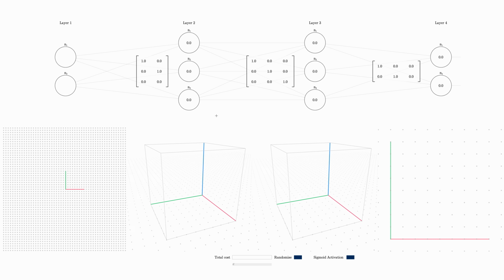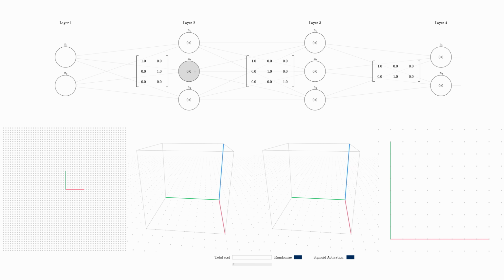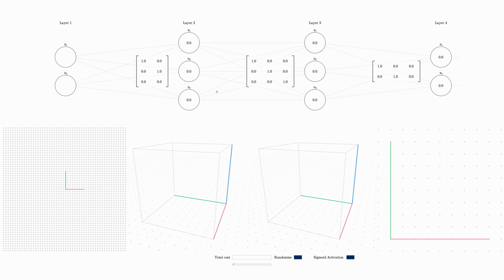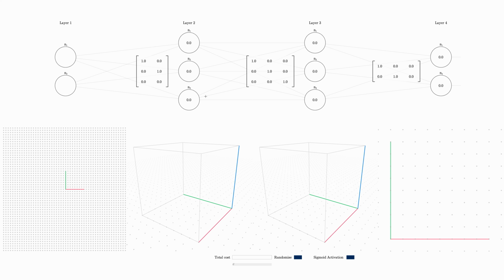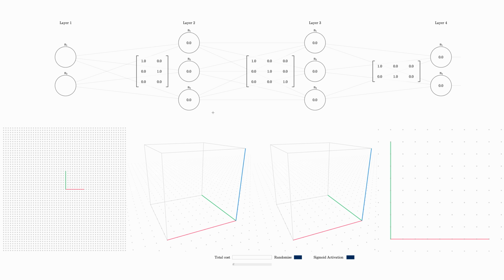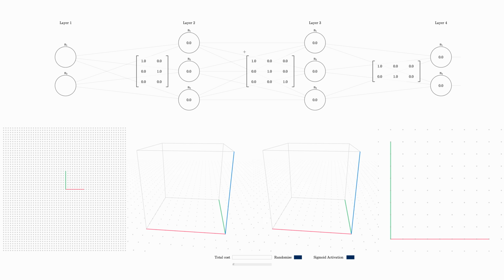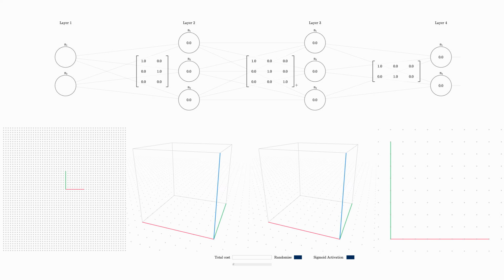Then to this 3-dimensional vector, the result of matrix multiplication, we add a three-dimensional vector of our bias terms, and then we get a point in three-dimensional space here. Here we take this 3D point, which is the output of layer 2, or the activation of layer 2, and multiply it by this square matrix.